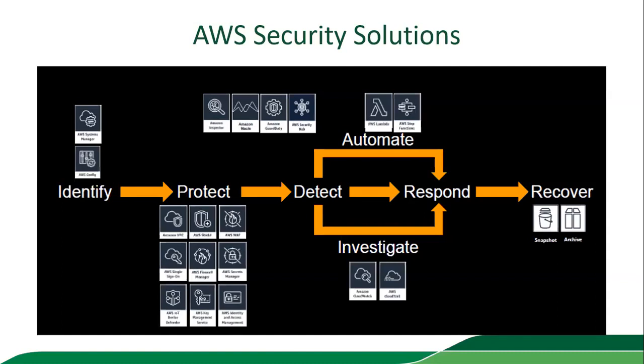If you talk about identification, AWS provides a number of services for identification. You can have AWS Config, through which you can track your resources, who made changes in your resources, and what changes were made, right? And then for protection, you have multiple services. You can protect your networking via Amazon VPC.